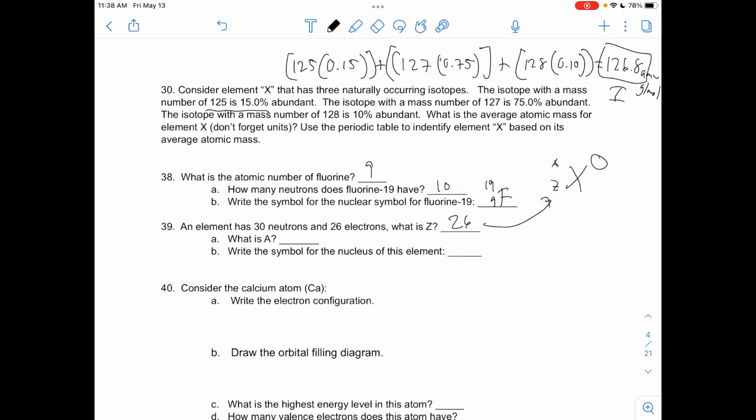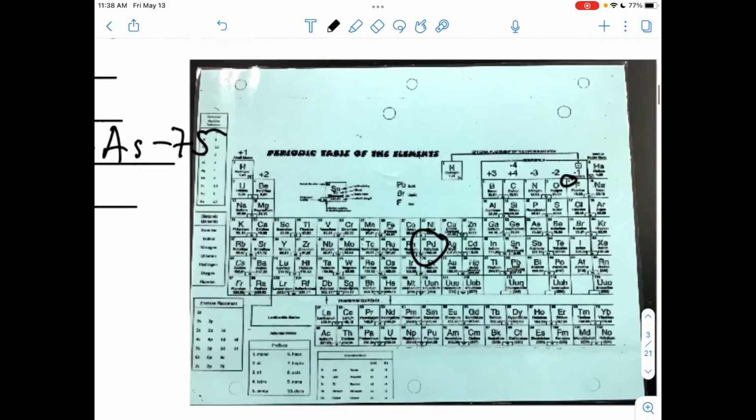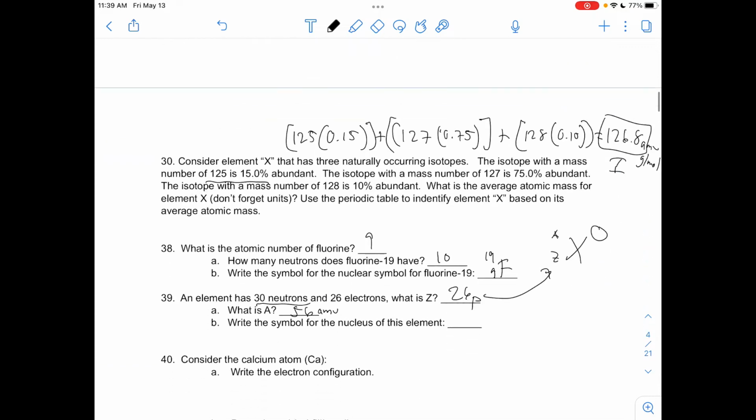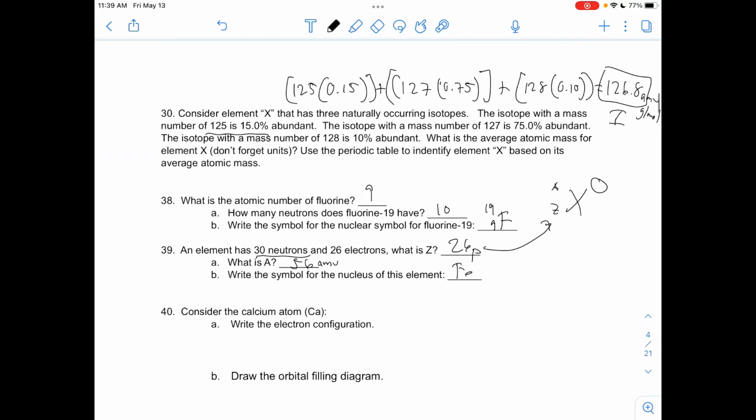And if there's 30 neutrons, and 26 is my protons, I'm going to add them together, that's 56. Sorry, 56 is my atomic mass, AMU. And if that's the case, 26 protons, what has 26 protons? That would be iron. Okay, iron has 26 protons.